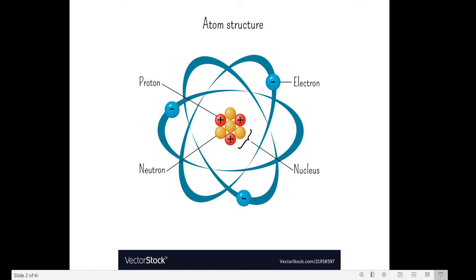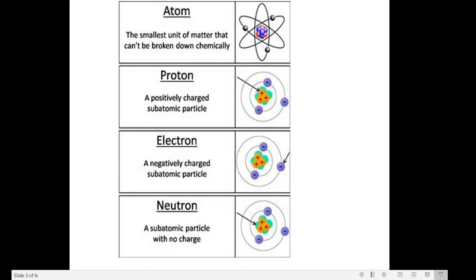This nucleus has the neutrons and protons. Protons are positively charged, electrons are negatively charged. This is well known. This is just a refreshment for your brain, because all of you know about atom-related concepts, atom chemistry, all about these things.